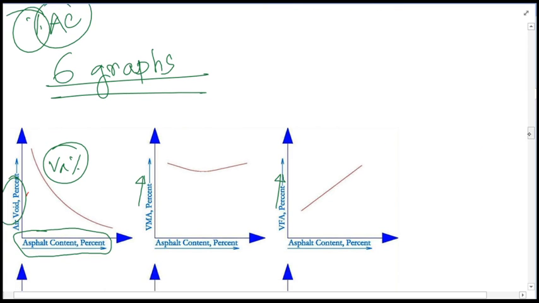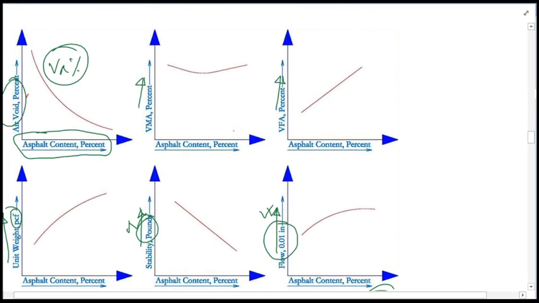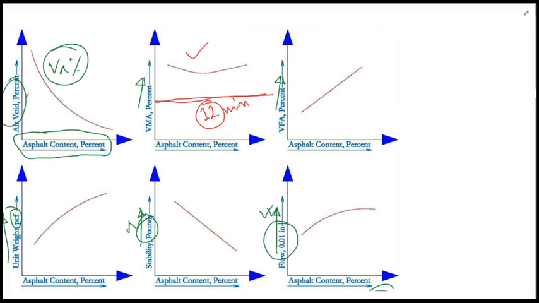In some cases this problem arises, particularly in case of VMA. This is the 12 of VMA, and this is the minimum. If the VMA you are obtaining is already greater than this one, then you don't have to worry about that. Just because you are finding that your VMA is always greater than the minimum value of 12, irrespective of asphalt content, you don't have to worry about that.